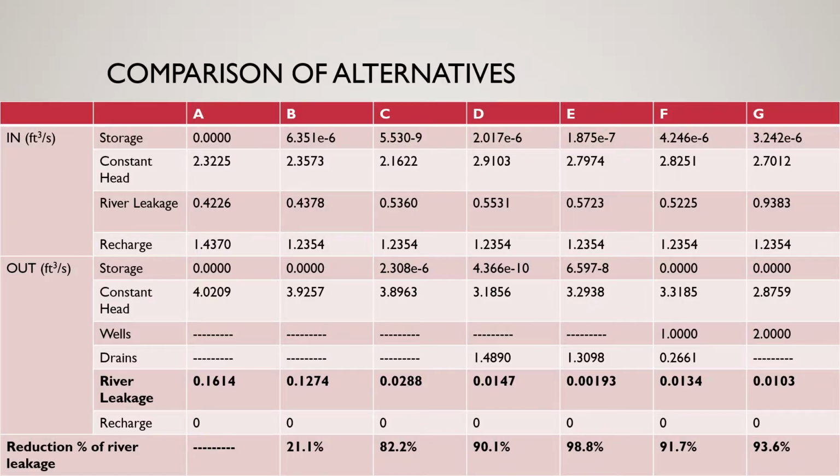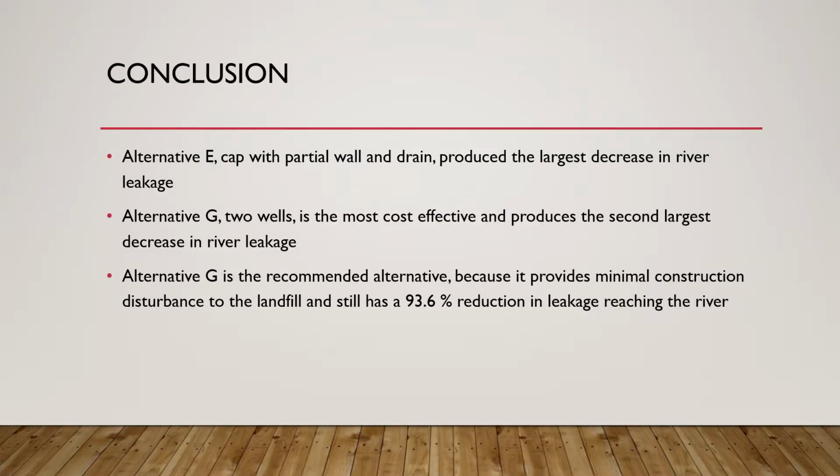Here we have a comparison of all the mass balances of all the alternatives. As we can see, alternative E has the highest reduction of river leakage at 98.8%. To conclude our findings, alternative E, the cap with partial wall and drain, produced the largest decrease in river leakage.